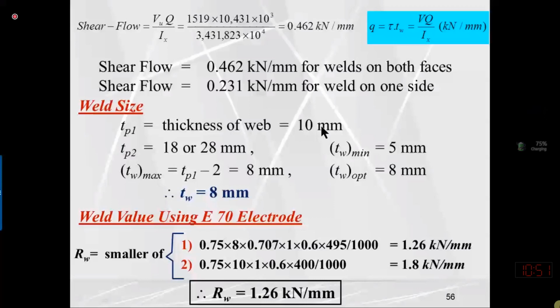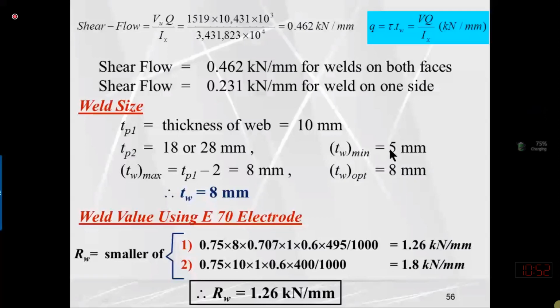So tw minimum is 5 millimeter, because if TP1 is between 6 and 13 mm, then tw minimum is 5. And if TP1 is more than 6 mm, then tw maximum is equal to TP1 minus 2, which is 8: 10 minus 2 is equal to 8, and t optimum is also 8. We arrange all three thicknesses in ascending or descending order and take the middle one.